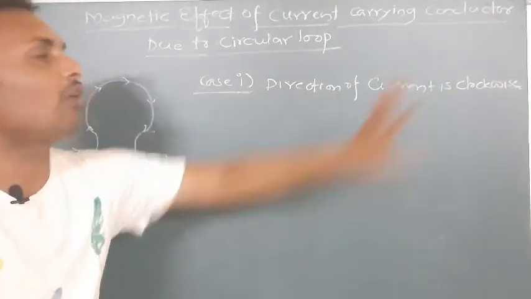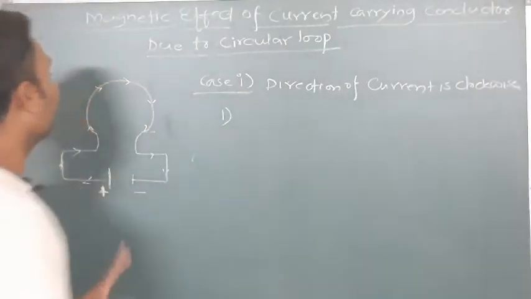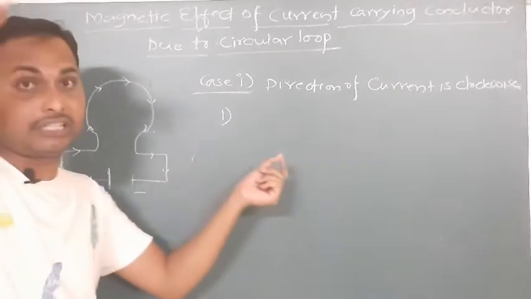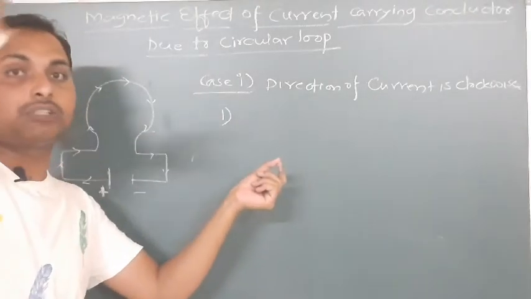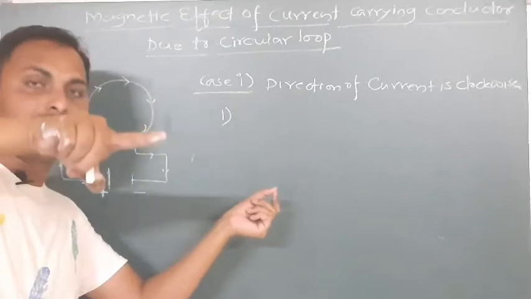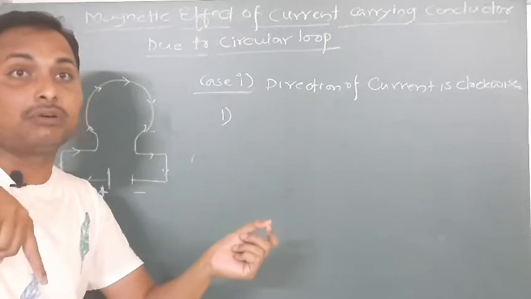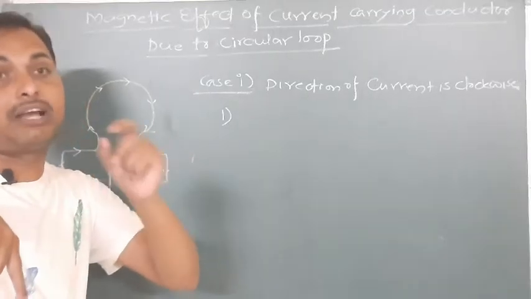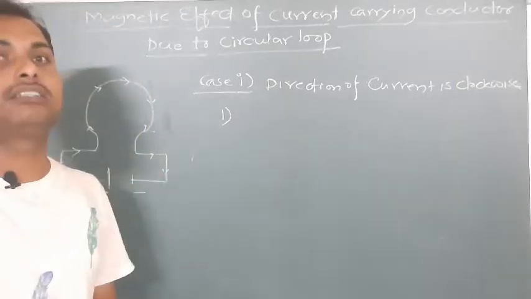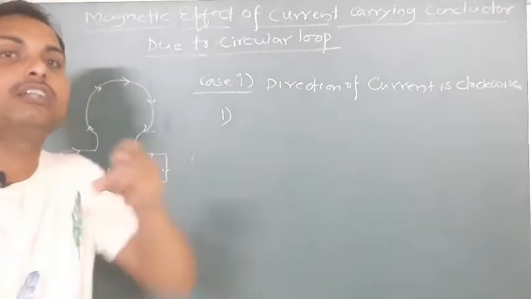So, very first point: once the current is passing through this circuit, you know it very well, as in the straight conductor, once current passes through the conductor there is generation of a magnetic field. Magnetic field lines will represent the magnetic field, and you know these look like concentric circles.